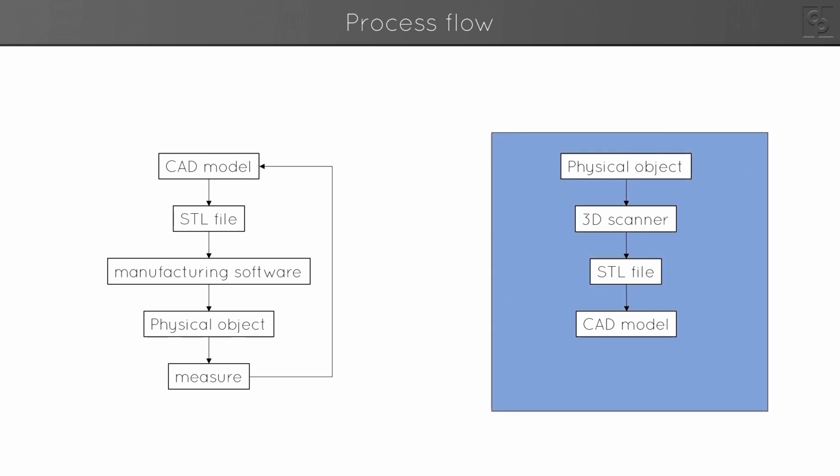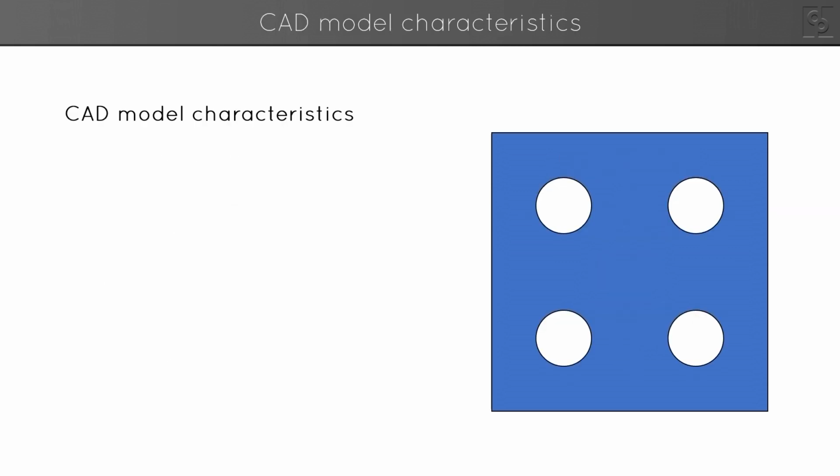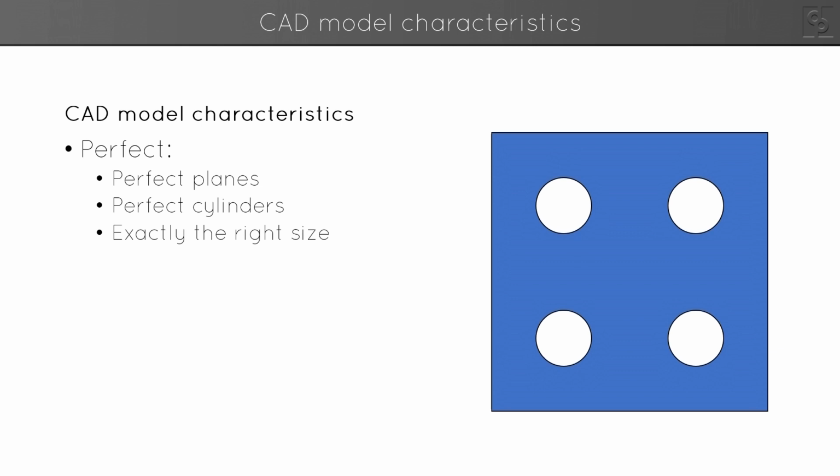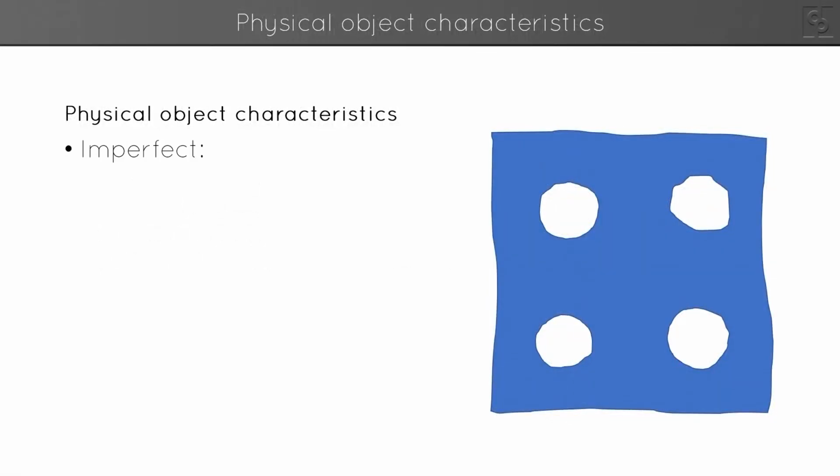Even if the part has just come off a perfectly calibrated printer, it will not be identical to its CAD model parent. A CAD model is perfect. Straight lines are dead straight, flat faces are perfectly flat, and so on. A physical object isn't perfect. Lines that should be straight are wavy, flat faces are warped, and so on.